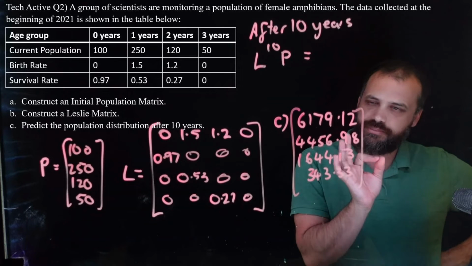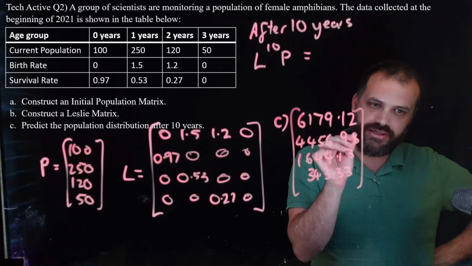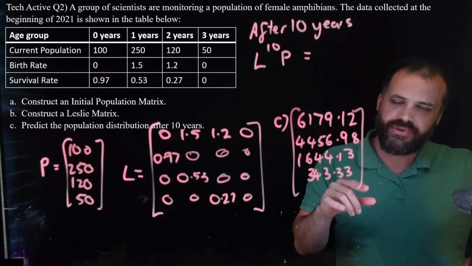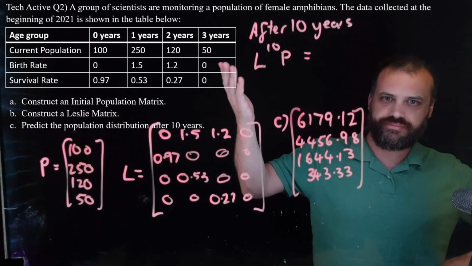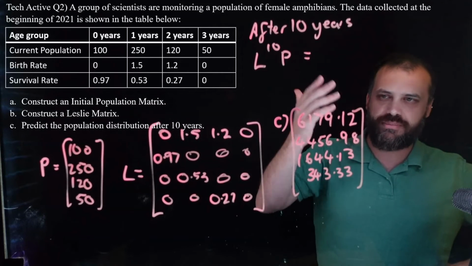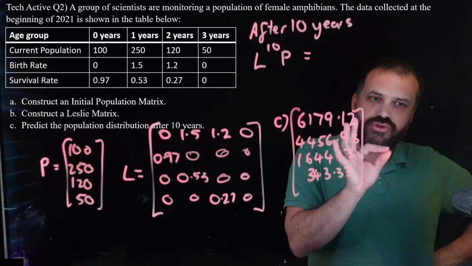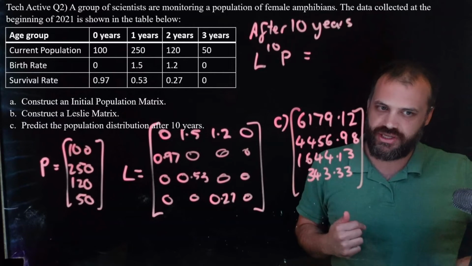Okay, so every year people ask me about rounding, and so I'm going to give you my opinion, and it's the correct opinion, on how you should round this. If you're asked how many amphibians are 0 years old, do not feel like you have to round up. Do not feel like you have to round down.